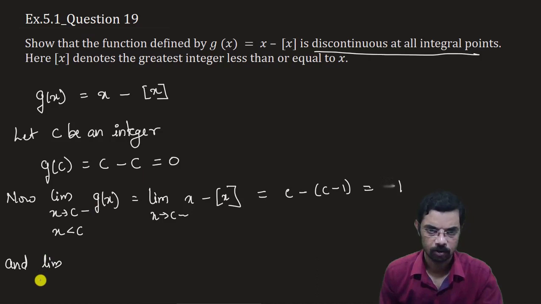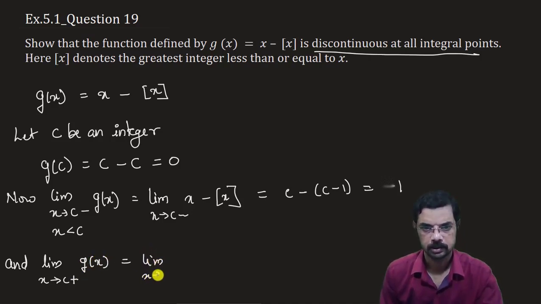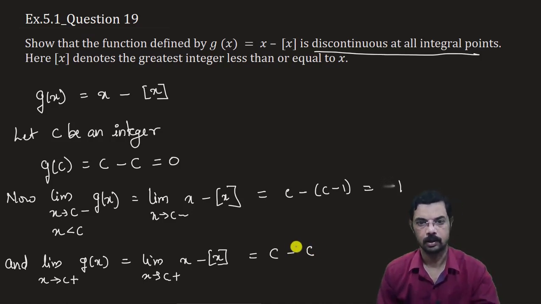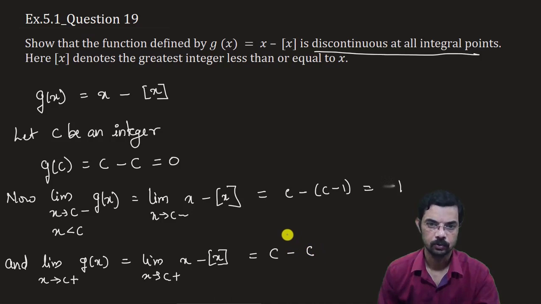So, limit of x tends to c from the right. Let us check. The function is defined in the same way, x minus bracket of x, and bracket of x will be equal to c.